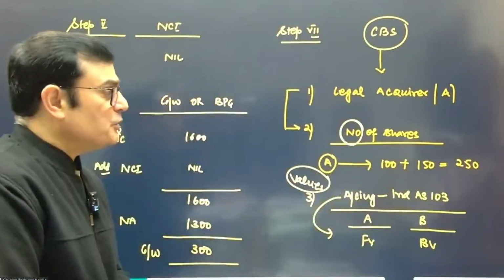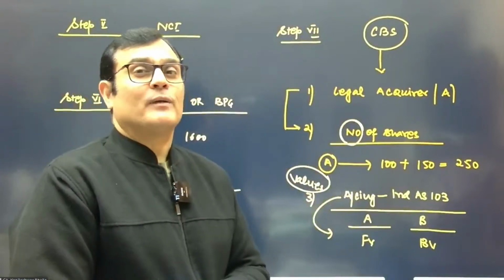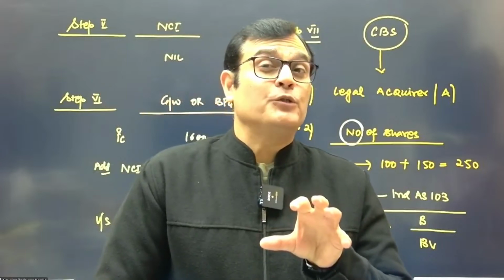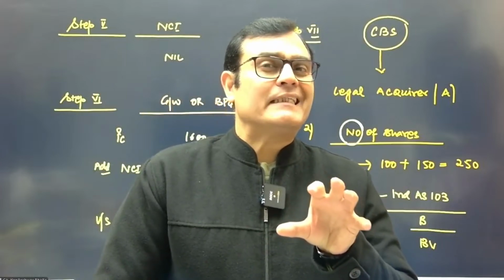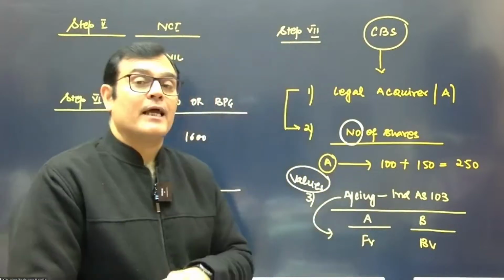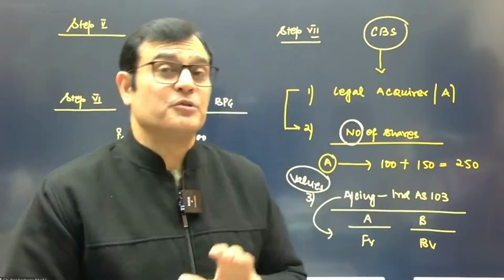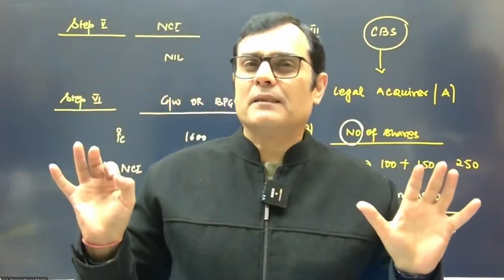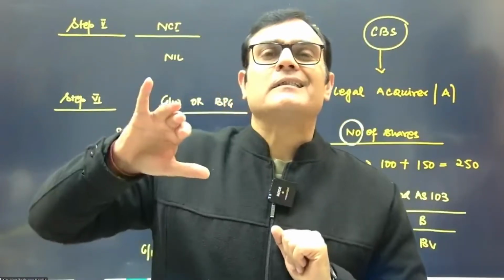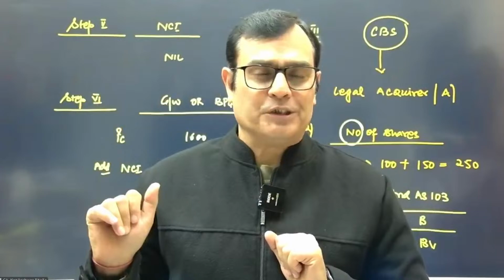Because when you make a balance sheet, you need to consider the fair value of the acquiree. So in this case, the values are picked up because A is the accounting acquirer. The number is picked up because A is the legal acquirer. So confusion? It's very simple. Consider the inner side of the balance sheet and the outer side of the balance sheet.